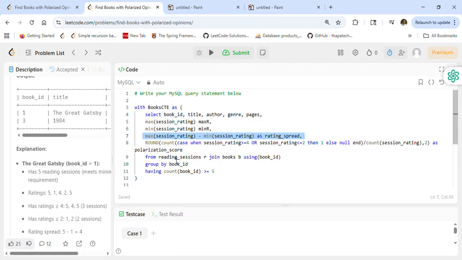And after that we have to calculate the polarization score. For the polarization score we will have to do the counting. So COUNT CASE WHEN session rating is greater than equal to 4, so that is extreme, OR session rating is less than equal to 2, again extreme, then we will count it as 1, ELSE NULL, END. So it means that we will only consider those session ratings which satisfy this condition: the rating should be greater than equal to 4 or less than equal to 2. Only then will we count it.